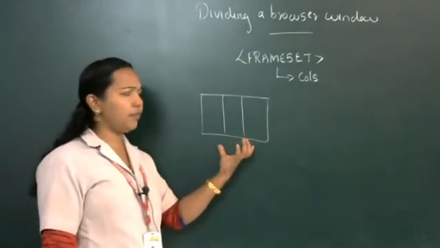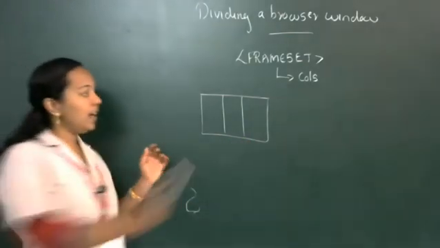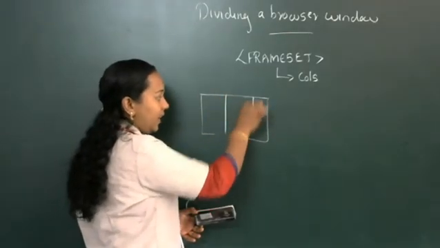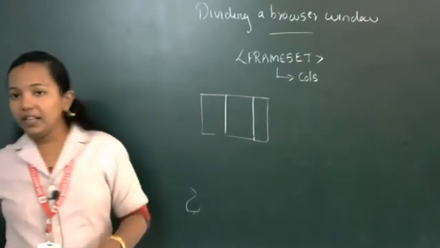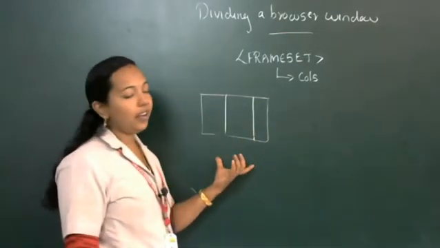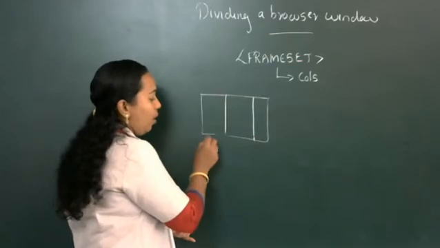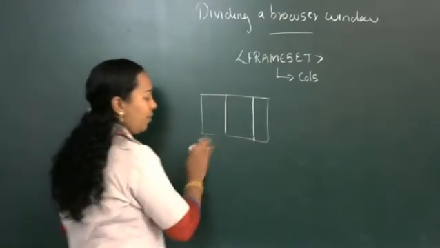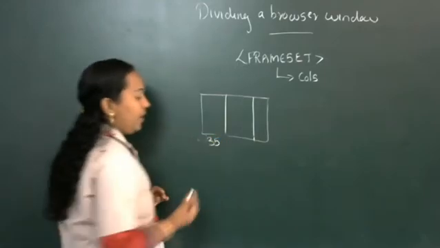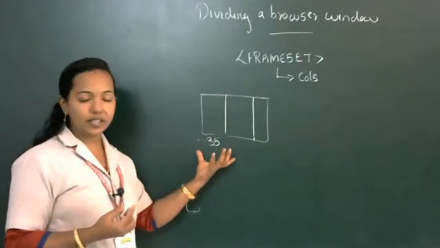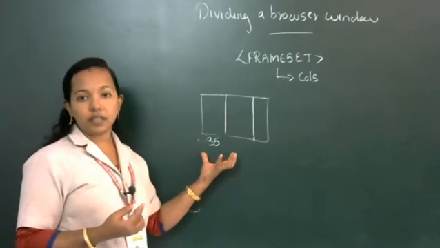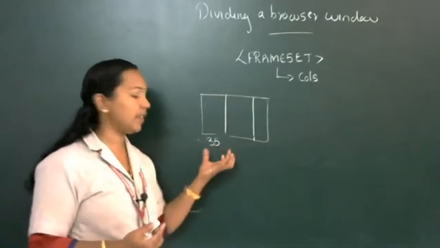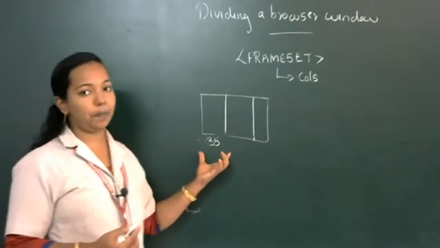For example, here I am going to specify the value: 35% of the space is allocated for the first web page.